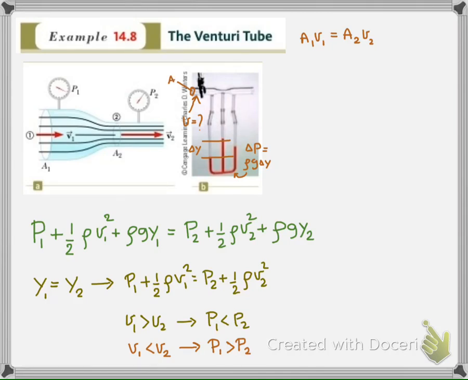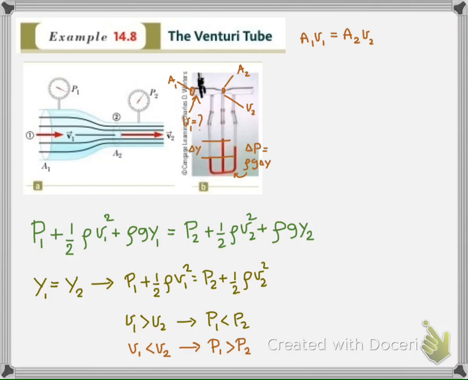If we call this area A1 and this velocity V1, and if we know the cross-sectional area here, which we call A2, and the velocity of the flow here is V2, then in principle we can calculate the difference between V1 and V2.